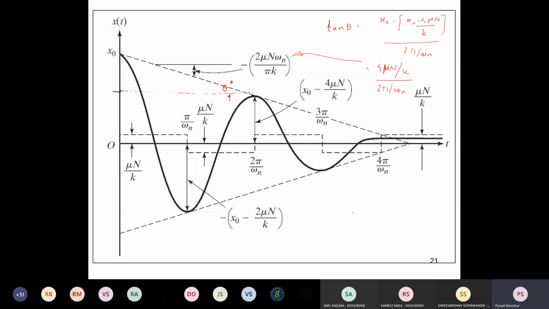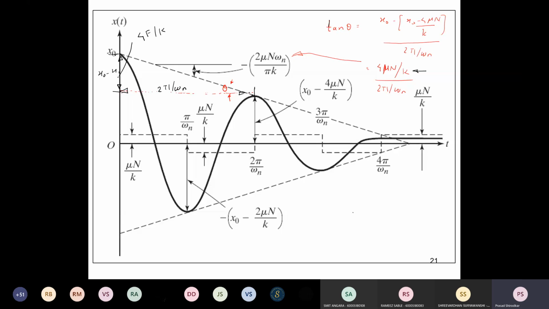That is nothing but x0 minus x1, which is 4F/k. That is the numerator. The adjacent side is nothing but the time interval, that is 2π/ωn, the time axis.